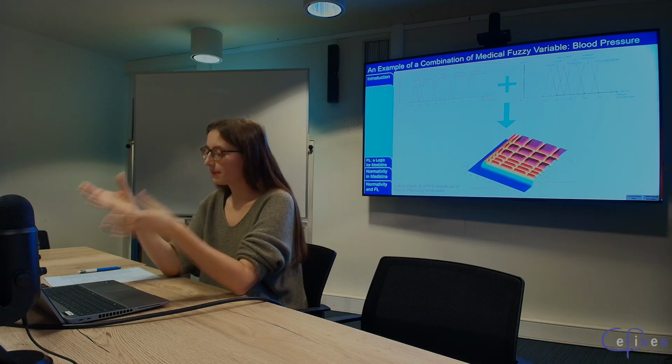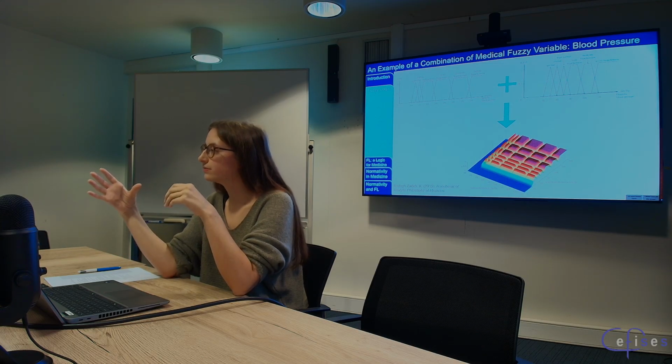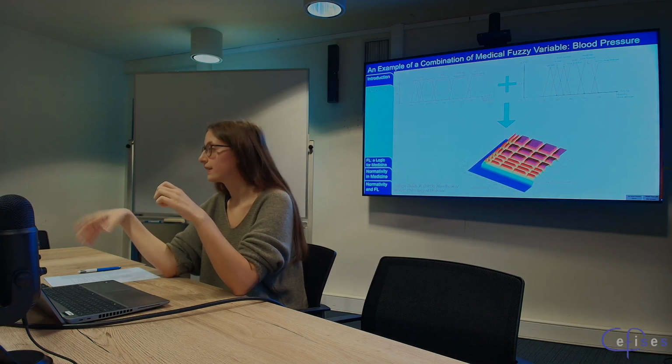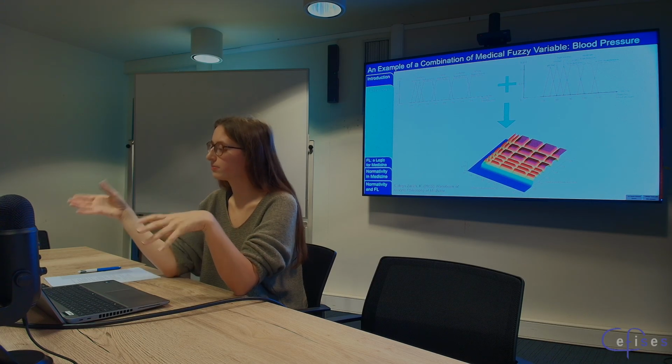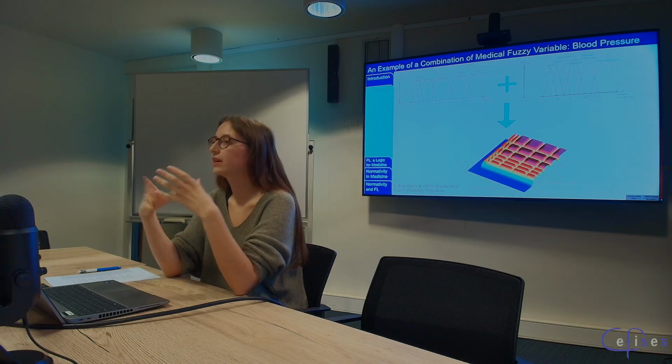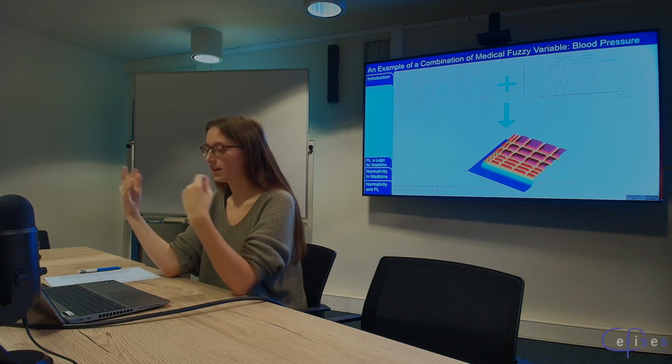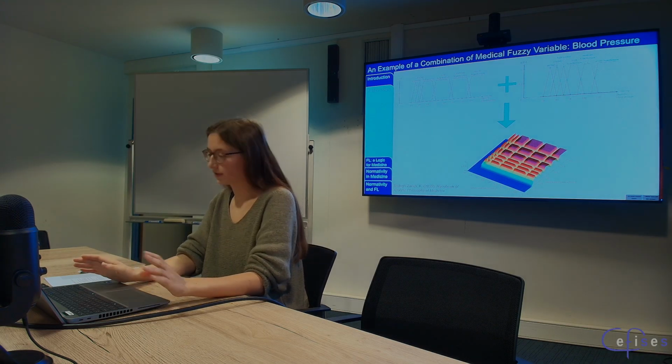And based on this graph, create fuzzy sets of what is a normal general blood pressure, what is generally considered hypertension, etc. So we can do a lot with fuzzy logic.